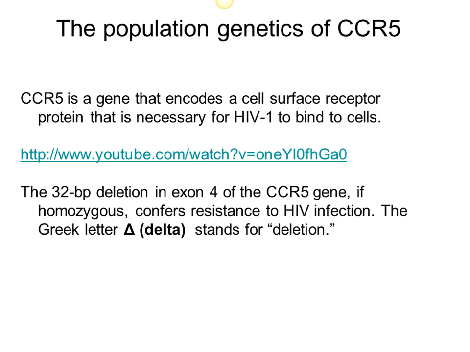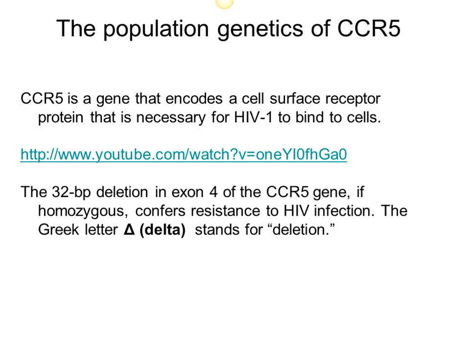So I'm going to stop this section of the lecture right now, and I'll put a link below this lecture window, and you can then go to this YouTube video and watch this. And we're looking at the concept of CCR5: a 32 base pair deletion in exon 4 of this gene confers resistance to infection.